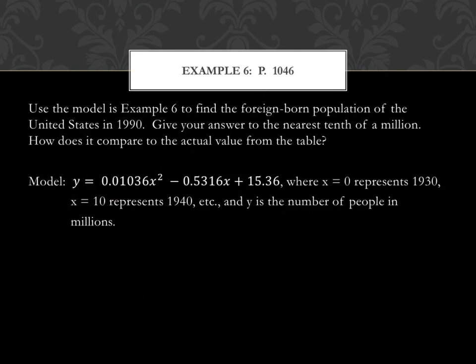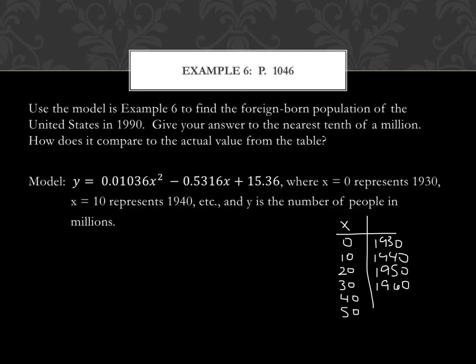Alright, so given this information, if x equals 0 represents 1930, and 10 represents 1940, 20 would represent 1950, 30 would be 1960, 40 would be 1970, 50 would be 1980, 60 would be 1990.